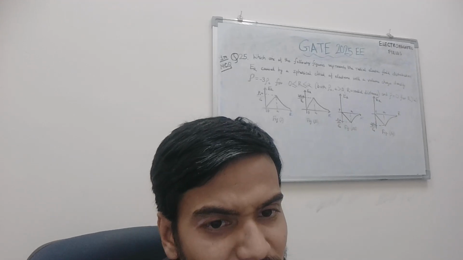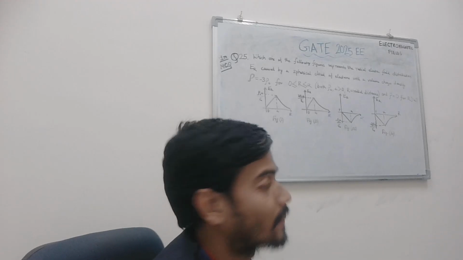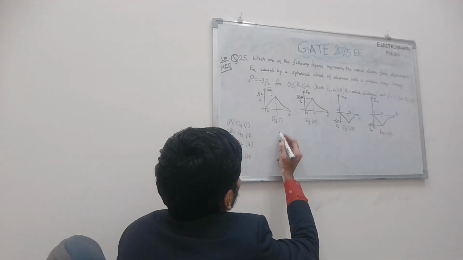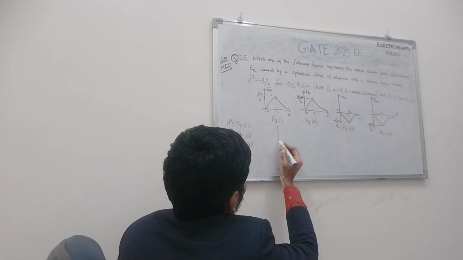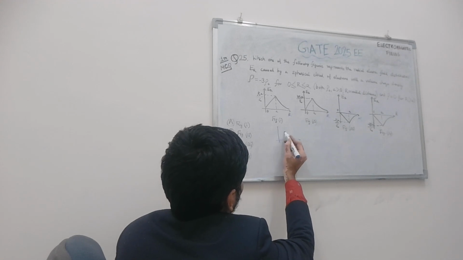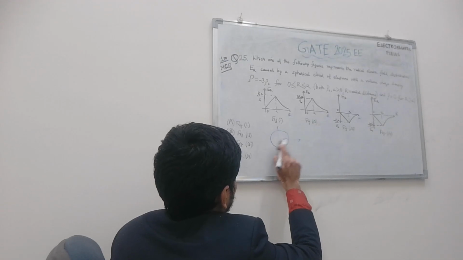Let's move to solution to this question. Let's derive the expression for electric field distribution by Gauss's law. So for spherical cloud of electrons, so like this, right?